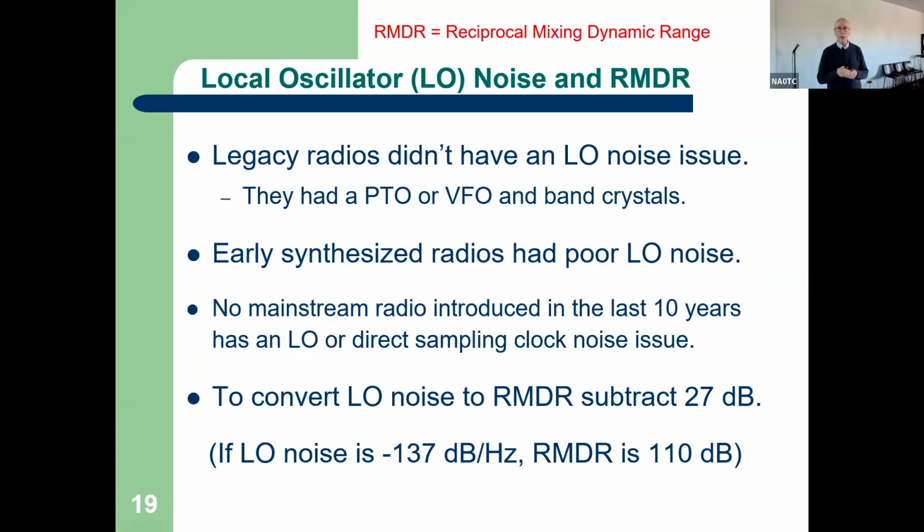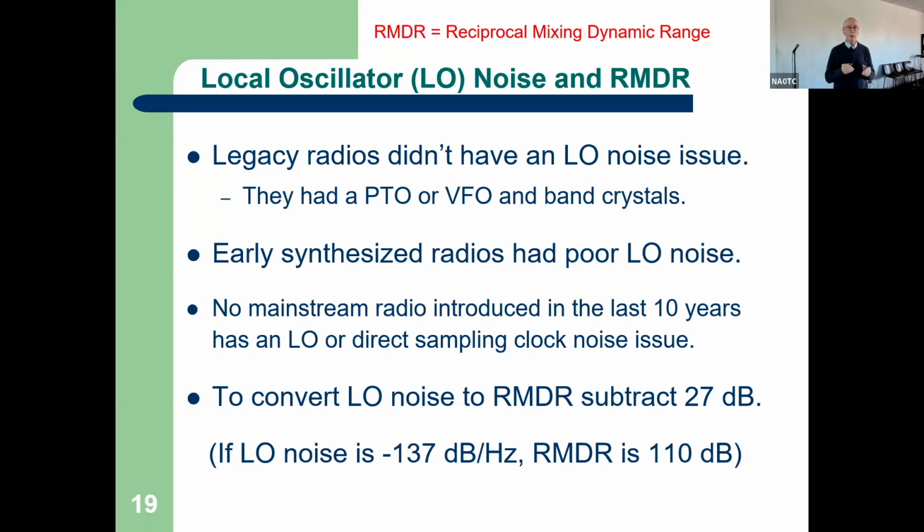This is probably the least known and least concerning to most of us most of the time, but this is called the local oscillator noise. And the measurement, since 2012, is called reciprocal mixing dynamic range. So if we go back to our Collins and our Drake, for instance, this was a non-issue. We either had a PTO, permeability tuned oscillator, or a VFO, and band crystals.